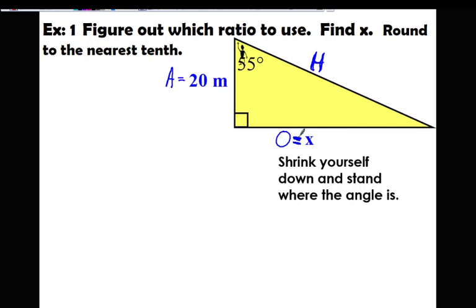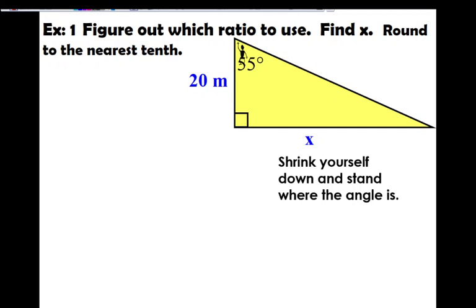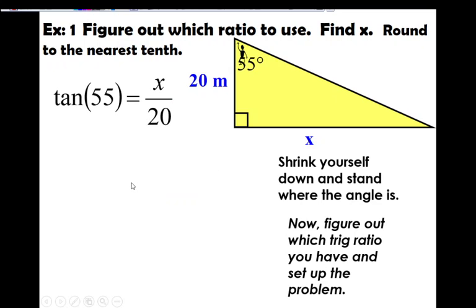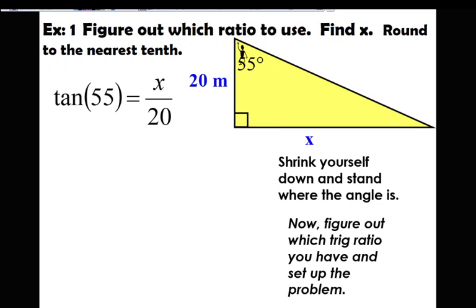So which trig function has opposite and adjacent? Well, the only function that we have that has both opposite and adjacent is tangent. So I plug in my theta, my opposite, my adjacent, and now basically the easiest way of doing this is to cross multiply.